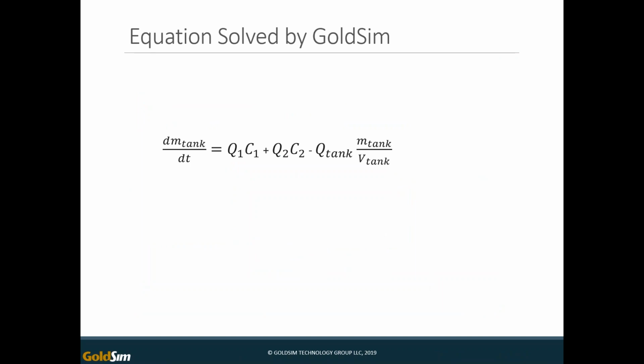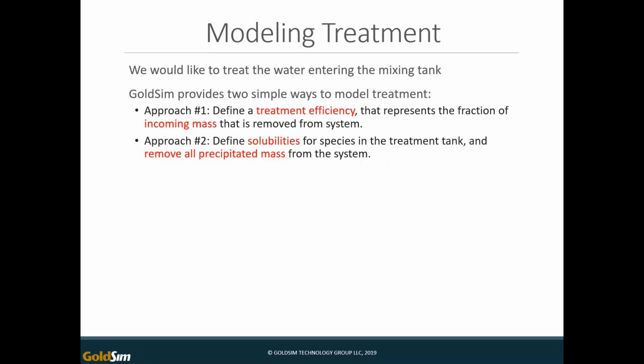Now let's talk about how we can do treatment. How are we going to model treatment inside this tank? As I said, there are two ways that we can model treatment within GoldSim. The first way is to define a treatment efficiency. Very simple approach. We're going to say, look, we have some mass coming into a tank, and I want to remove 99% of it.